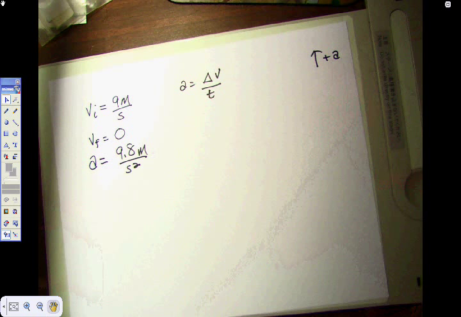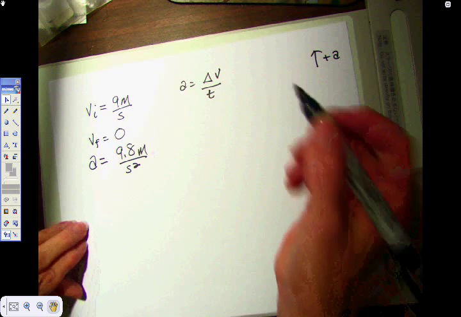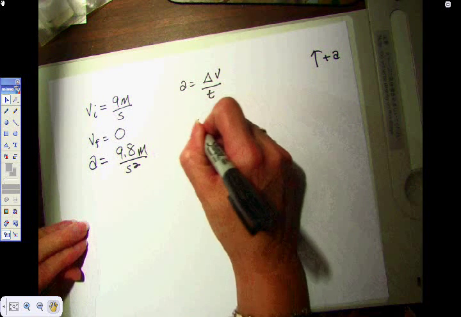The only reason I'm doing that is because now my velocity can be positive because it's going in the same direction. If I did acceleration being down negative, then I'd also have to deal with my velocity being negative. I'd still end up with the same number, but it would be a pain to have to deal with two negatives. All right, so I'm solving for t.